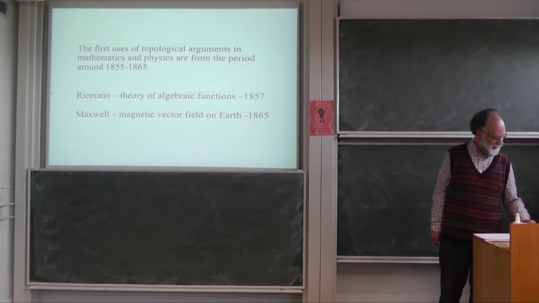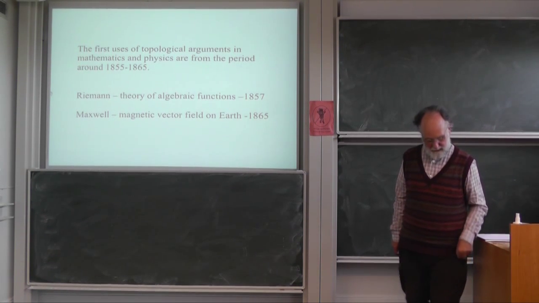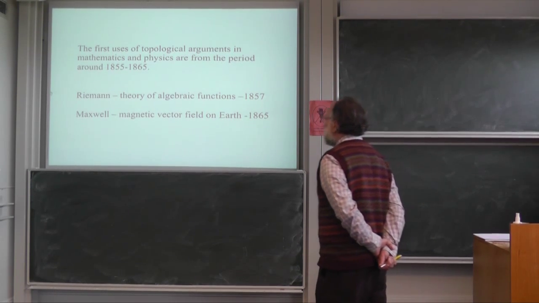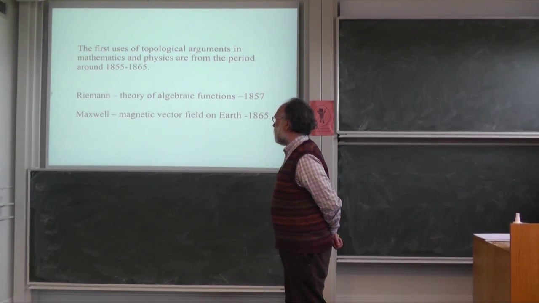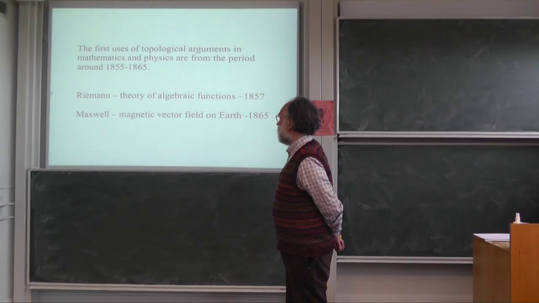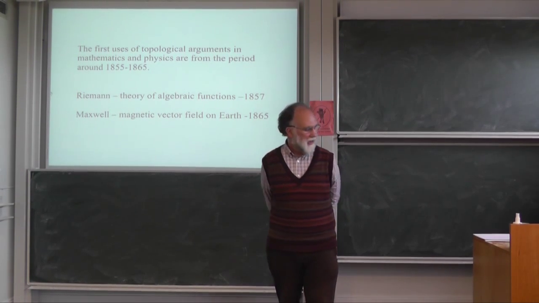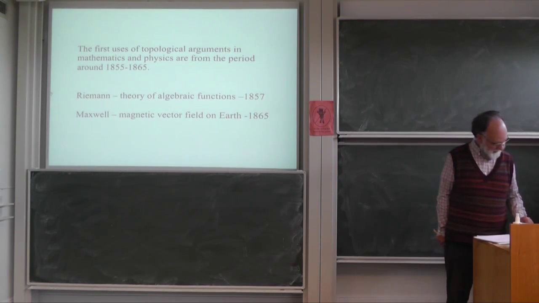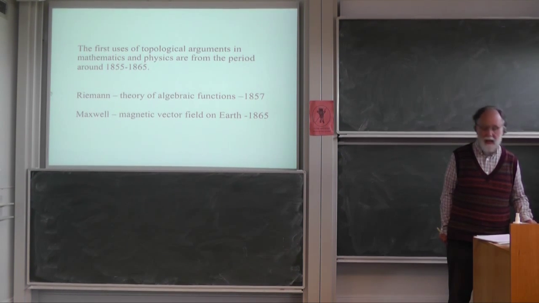I should perhaps say that in, I think it was 1861, Listing wrote a second book or paper on topology, which was then continued much further by Peter Tate.